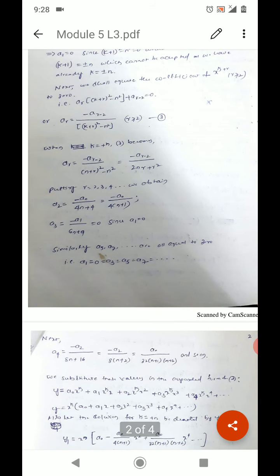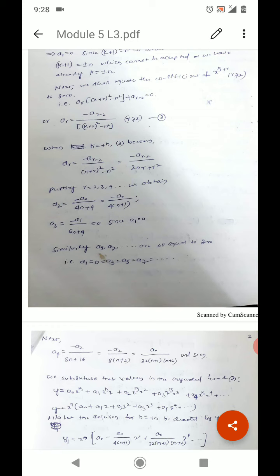Now put r is equal to 2, 3, 4 and so on, because we have taken r greater than or equal to 2 in equation 3. So by putting r is equal to 2, a2 is equal to minus a naught divided by 4n plus 4, which will become minus a naught divided by 4 of (n plus 1).